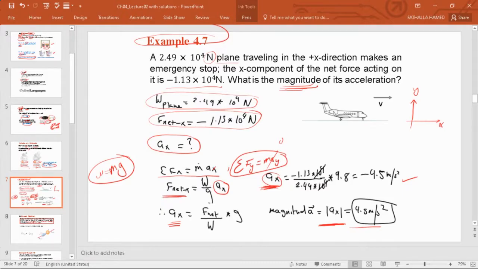The idea here is we needed the mass, but we're given the weight, and we got the mass by dividing the weight by g. Is this clear? So that's the differentiation between mass and weight. Mass is going to stay the same wherever you are, but weight is going to be different depending on the gravity.